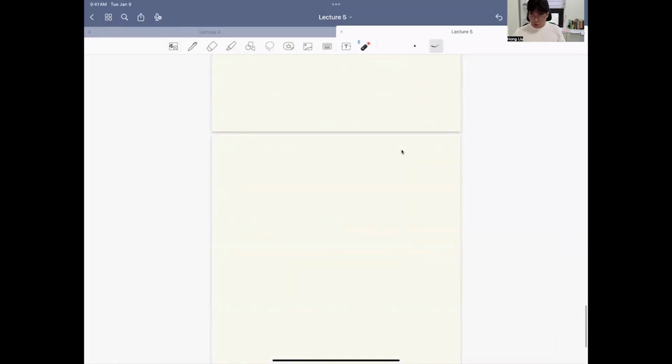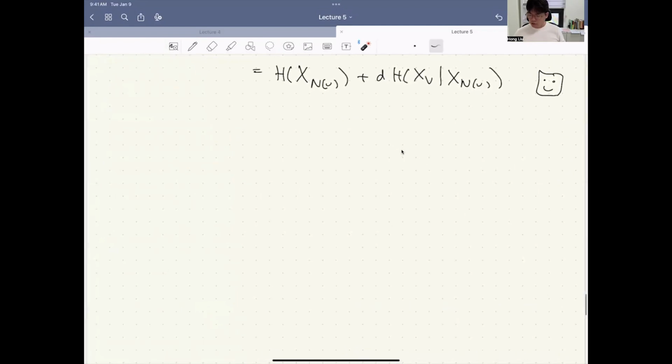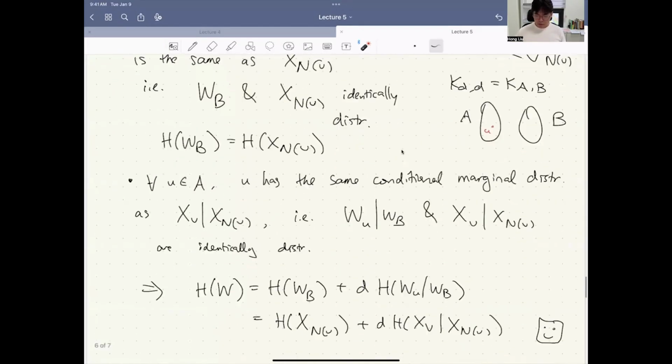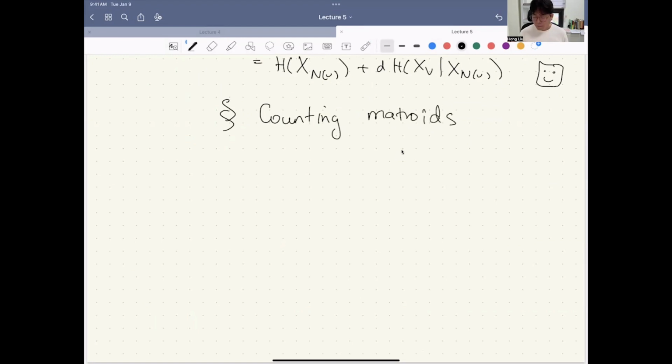The next application we're going to see, not for graphs, is for matroids. So we're going to do counting matroids. So what is a matroid?